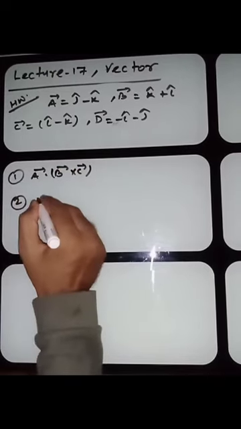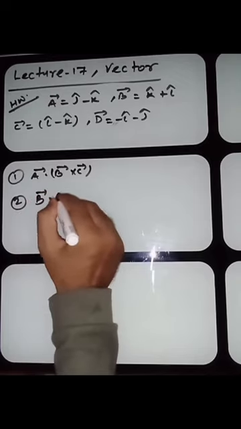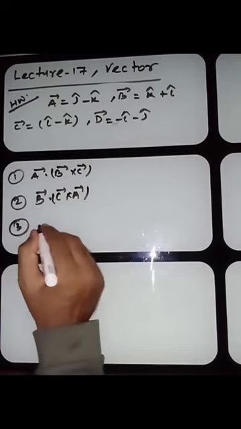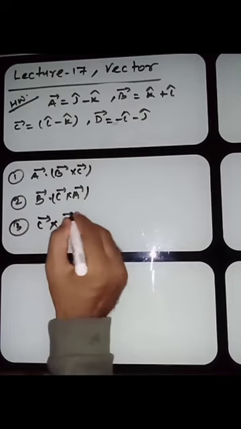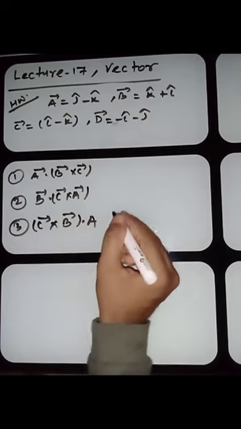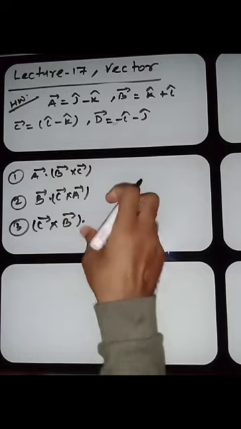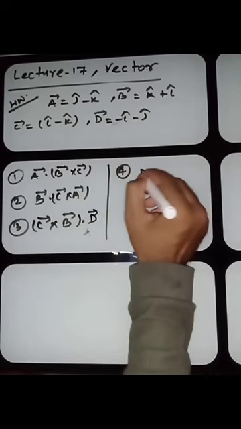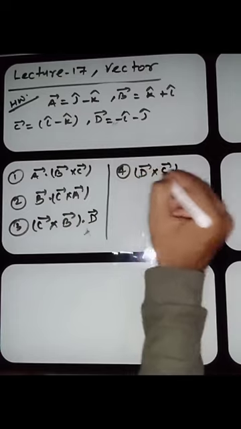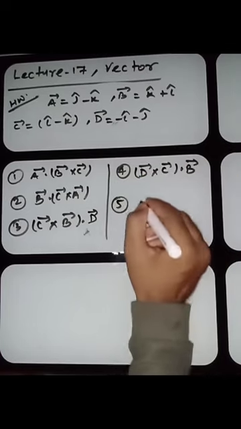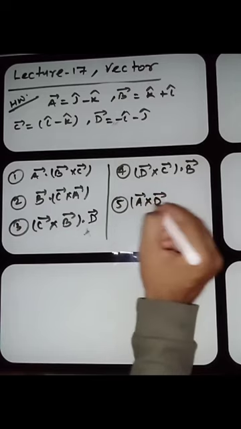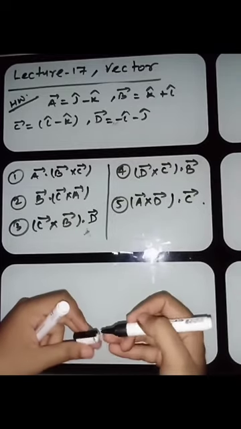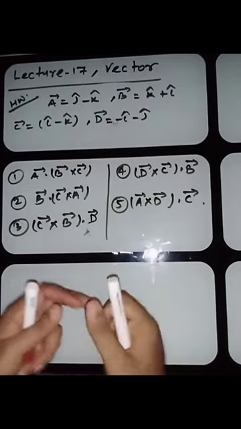The second question, B dot C cross A. Third question, C cross B dot A. Fourth question, D cross C dot B. And the fifth one, A cross D dot C. All right, so these are the 5 questions you have to solve using the determinant method, that is the question of a scalar triple product for your practice.